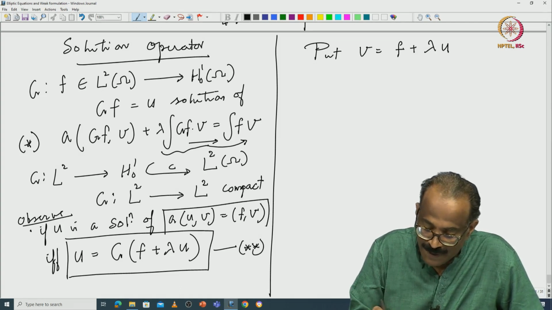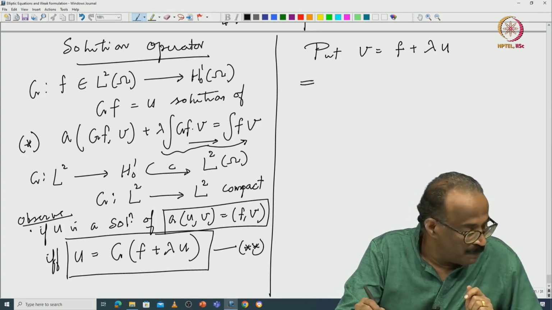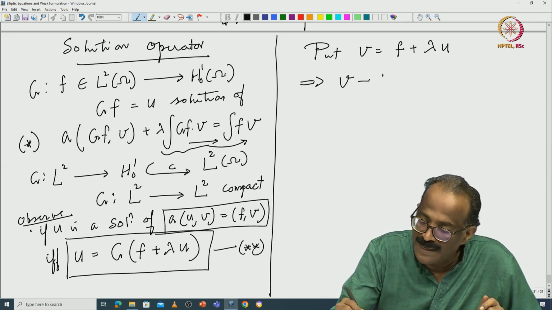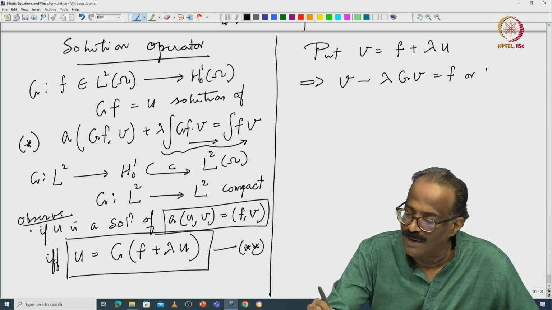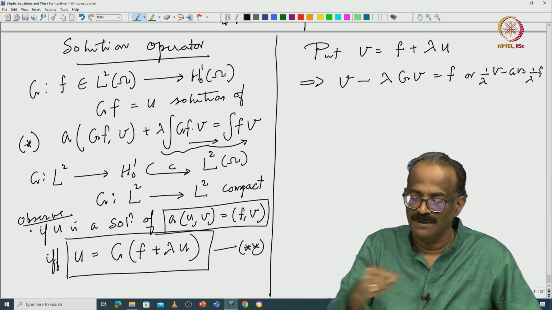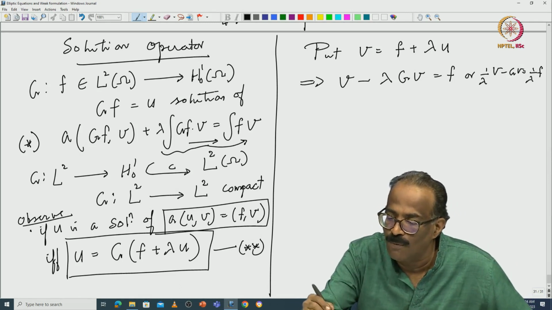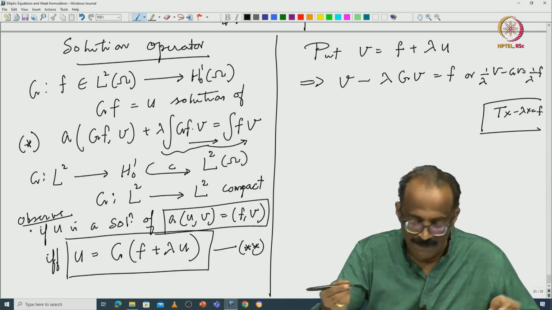So, this implies u minus lambda Gu equal to Gf, or in a typical form, if you want, 1 over lambda u minus Gu equal to 1 over lambda Gf. That is okay, does not matter. This is a typical form, if you recall, Tx minus lambda x, where G is a compact operator. So that is it.